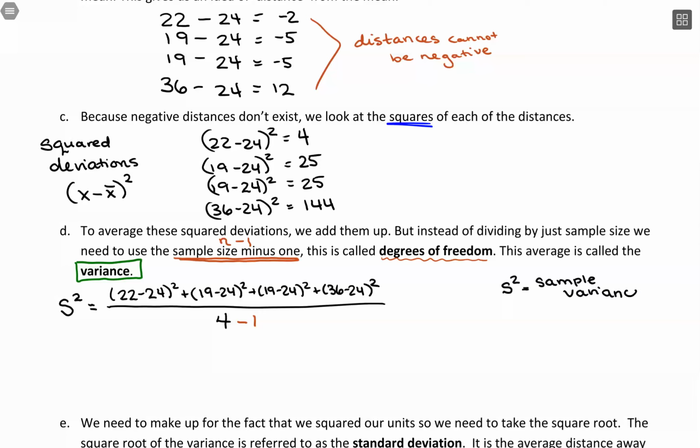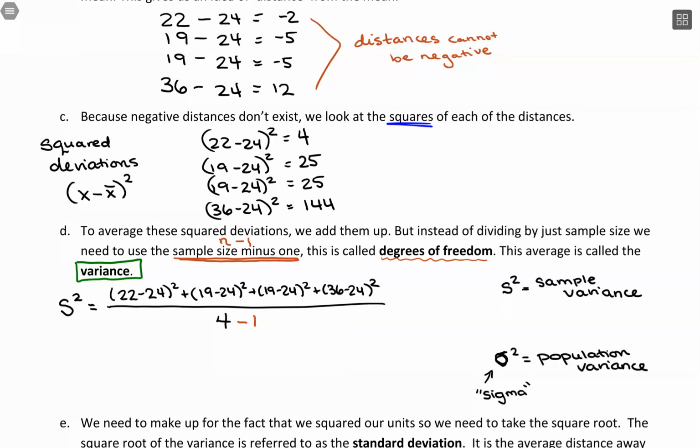If we had population data, the symbol that we would use is sigma squared. That would be population variance. That symbol there, it's kind of a circle with a little tail at the top. That symbol is sigma. So we have these two forms, and it gets at the idea of this average squared distance from the mean.